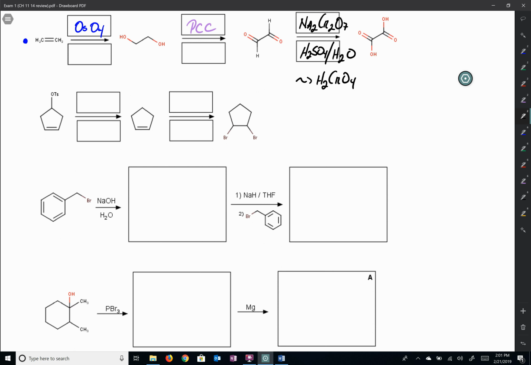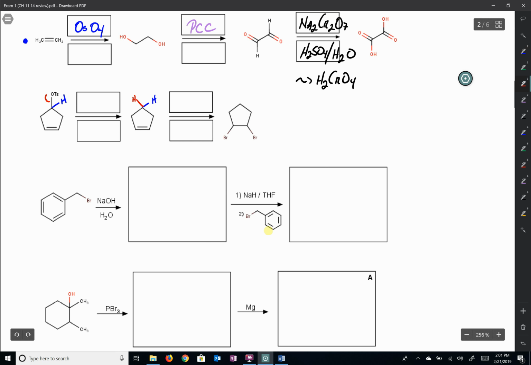All right, so next we have a tosylate group and an alkene, and in the first step there we want to get rid of our tosylate group and we want to replace it with a hydrogen. Now what do I mean by hydrogen? Well, if we take a look here at our starting material, our hydrogen in blue stays there, but our tosylate leaves. So what does that mean? That means our incoming group has to be a hydrogen, right?